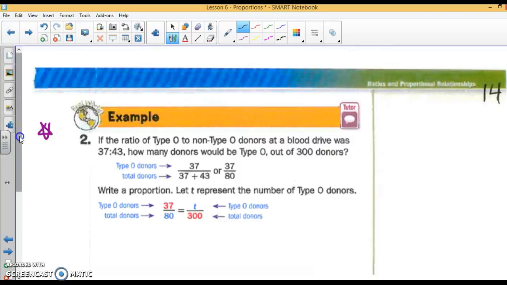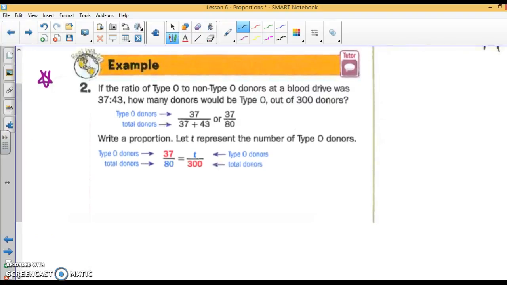All right, let's take a look at some examples. If the ratio of O-type to non-O-type donors at a blood drive was 37 to 43, how many donors would be type O out of 300? So, we want type O out of 300.